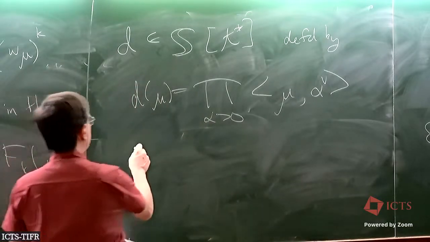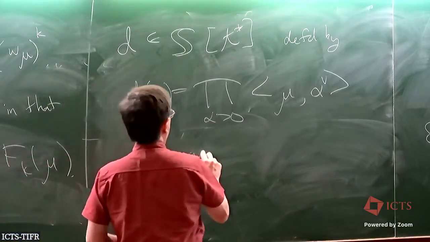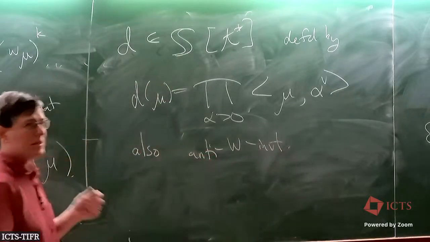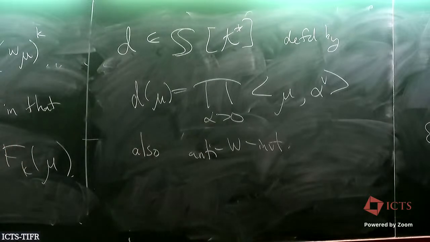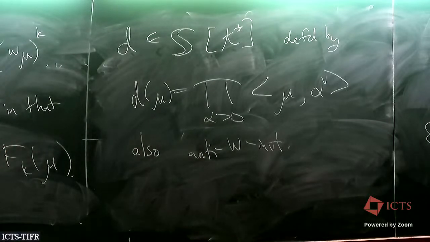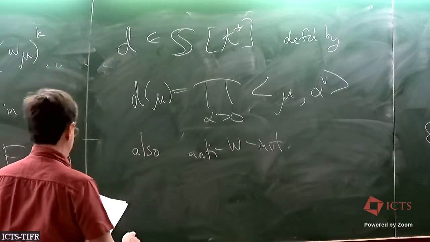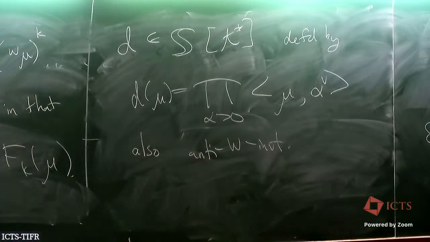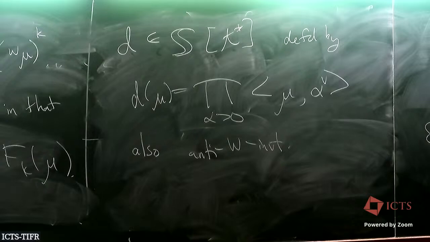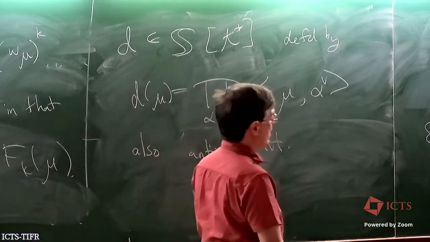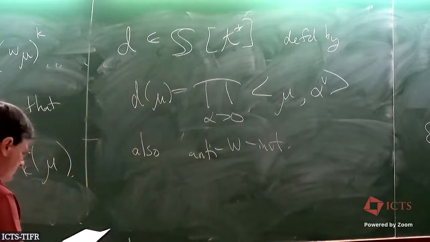This is also anti-W invariant. It occurs in the Weyl dimension formula, so I'll call it a Weyl discriminant. And it's a basic fact that every anti-W invariant function on T star is divisible by this D. This is part of the classical theory of the Weyl character formula.